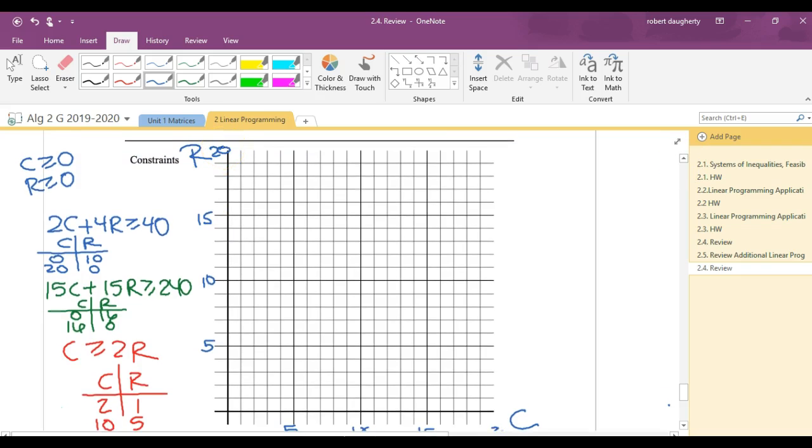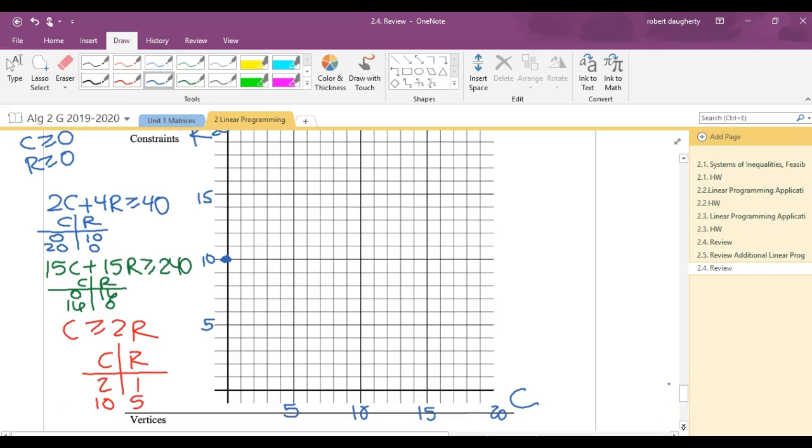So 0, 10, and 20, 0 is right here. And then 0, 16, and 16, 0.